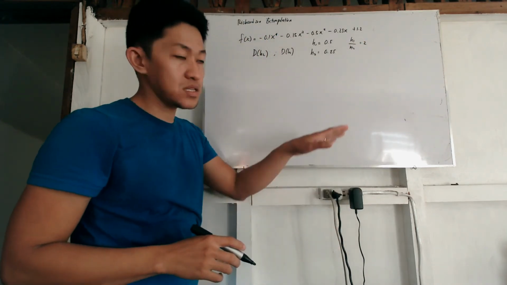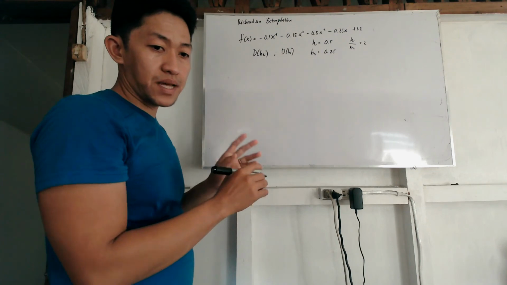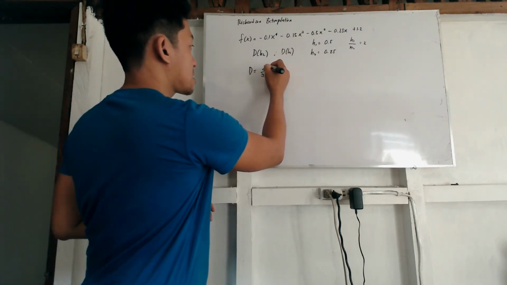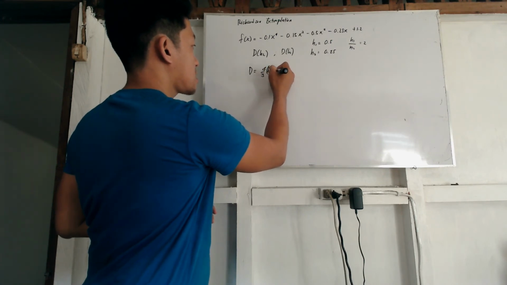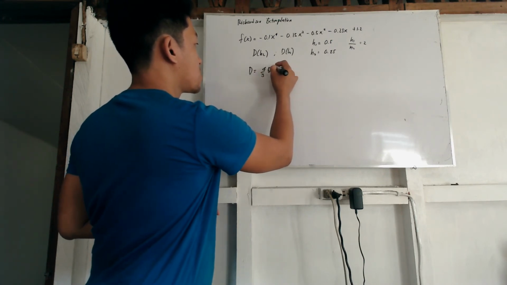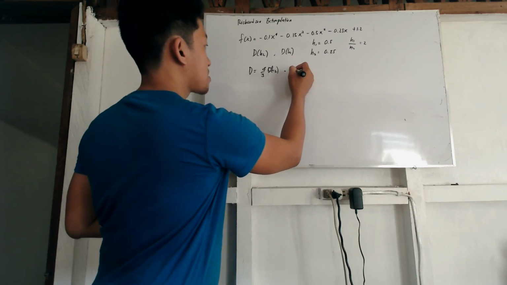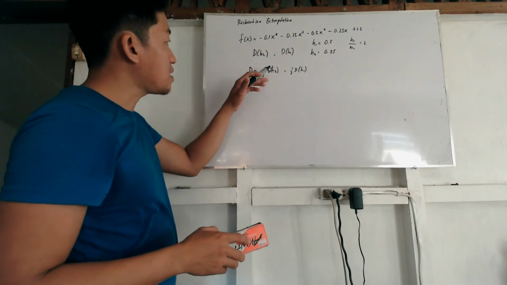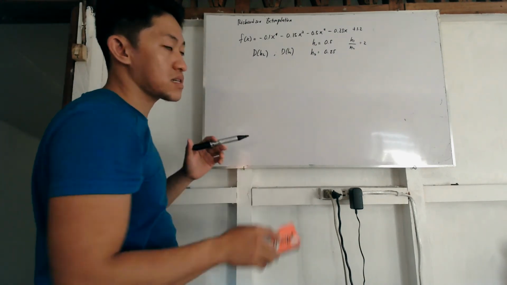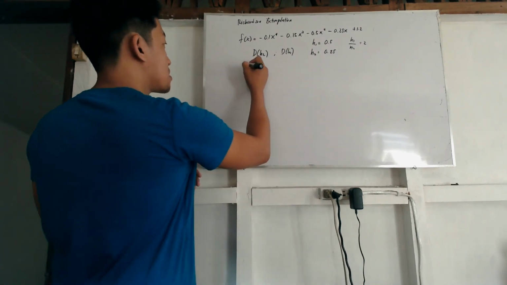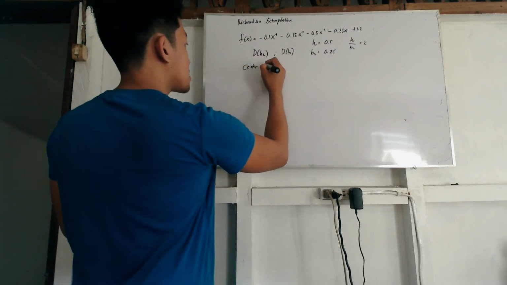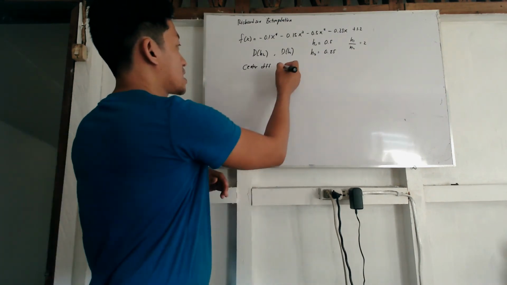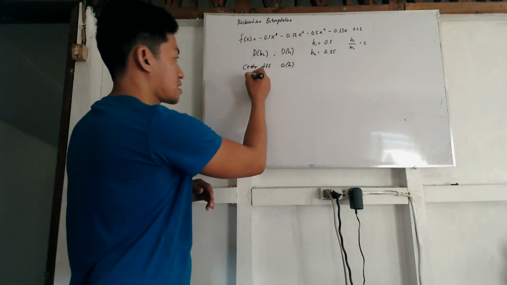So, it should satisfy the condition in order to apply this, 4/3 derivative of h2 minus 1/3 derivative of h1. Okay? So, to get the derivative of h2 and derivative of h1, we will use the centered difference approximation of the first order accuracy.